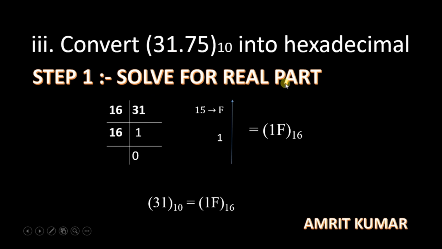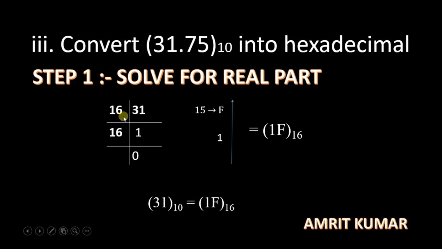So, solving for the real part. Here, this is the real number. This is the real part. 31 is the real part because this is the decimal number. You have to convert this decimal number into a hexadecimal number. So how will you convert? You divide the decimal number by the base of a hexadecimal number, that is 16 here.